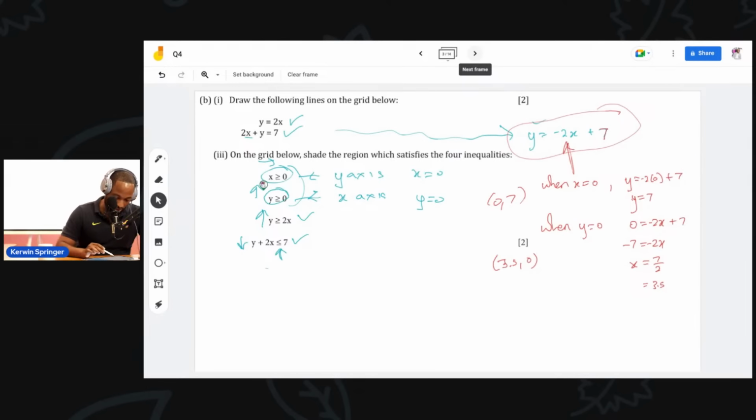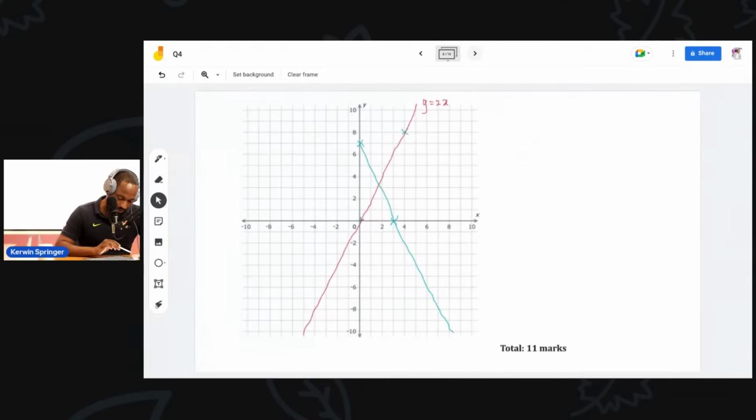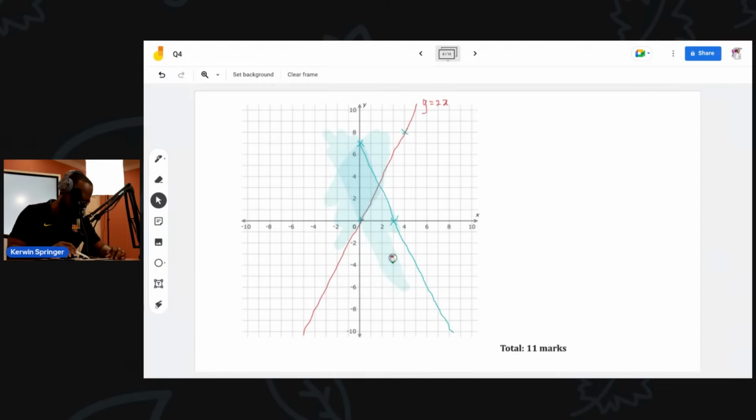So let's watch it here. We want to shade above this line and under this line, to the right of the y-axis and above the x-axis.